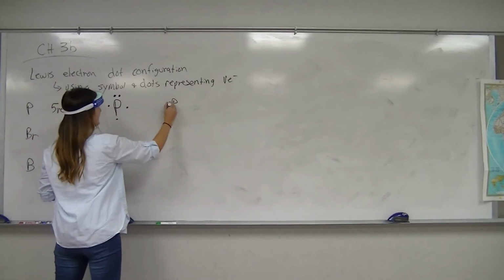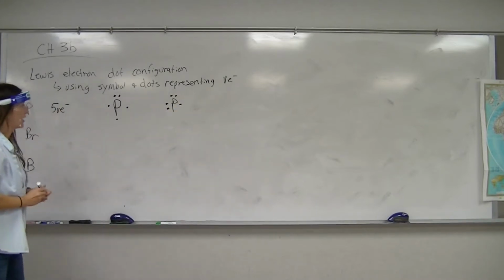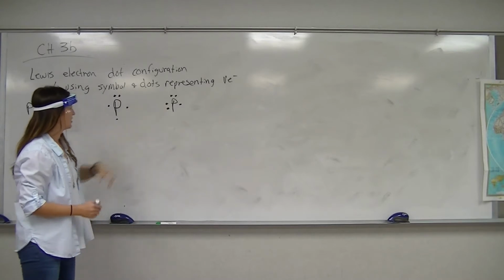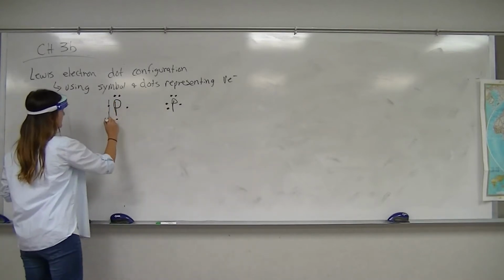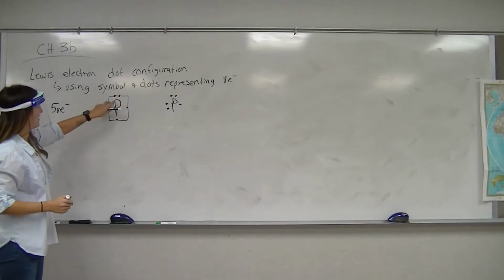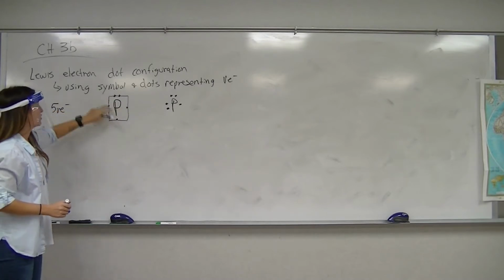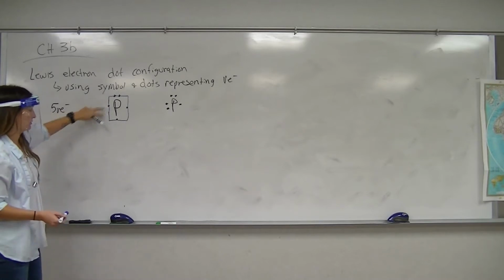So what I mean by that is this would be incorrect, because I'm pairing an electron when I don't have to. Because you're imagining a box around here, and you want to make sure that you don't have more than 2 electrons on each side of that box. And you don't want to have 2 on a side if you don't have to.